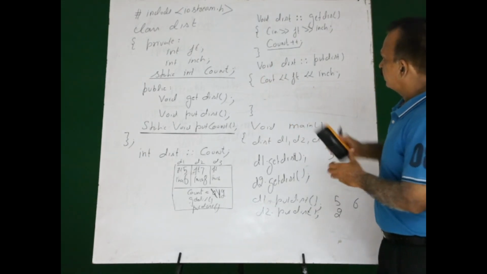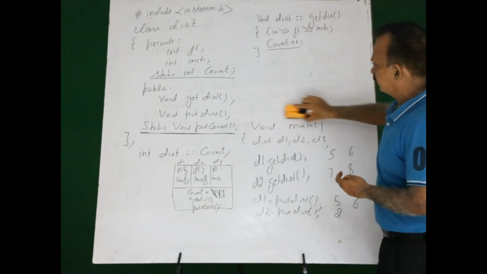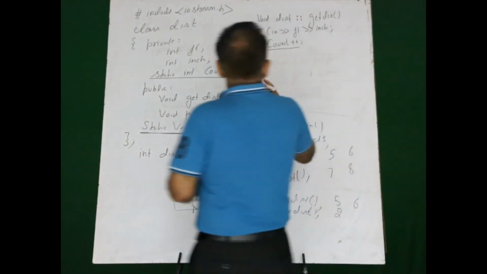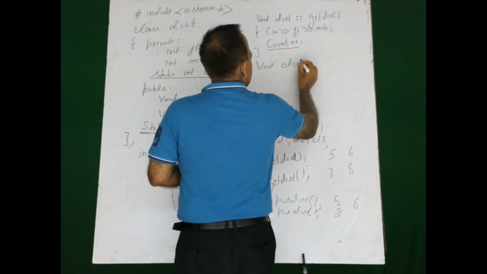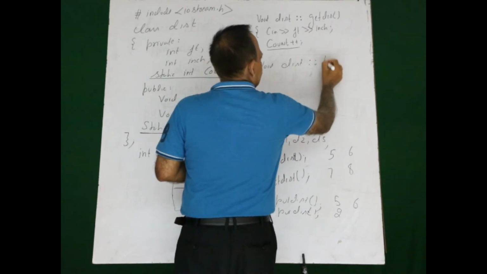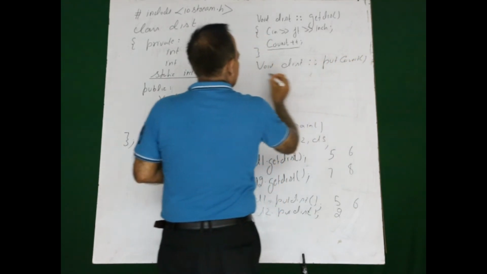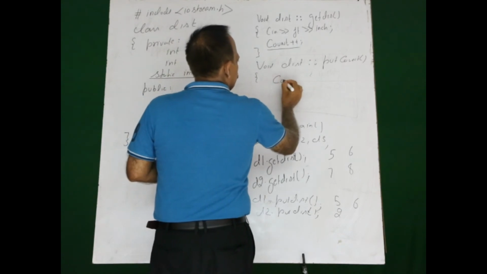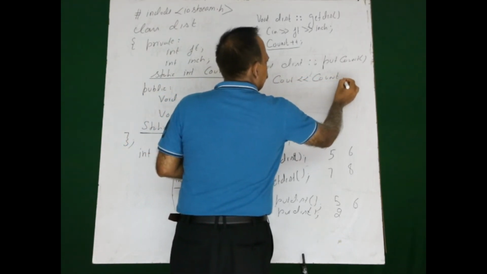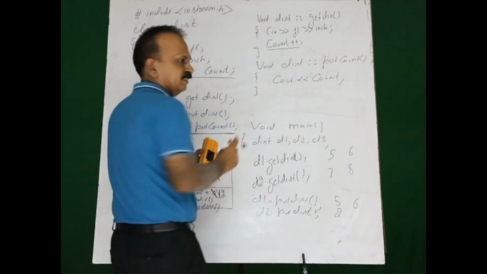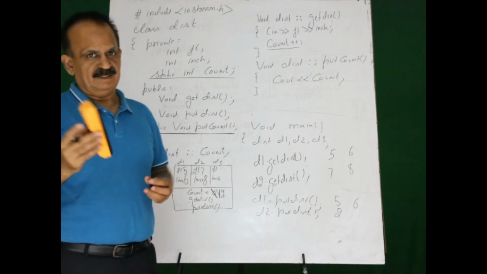Now, another function which I am adding is put_count. Say void distance, the scope resolution operator, and put_count. The very important thing is that it is a static member function.